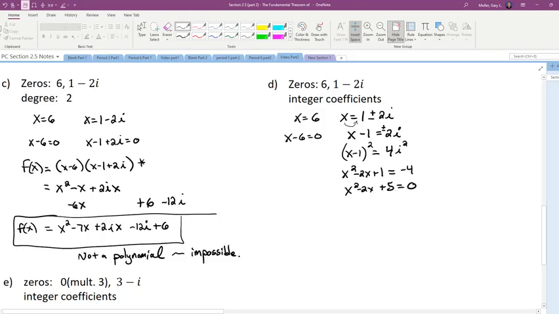So my two factors for f of x, and now to put it in standard form, I would just multiply this out.